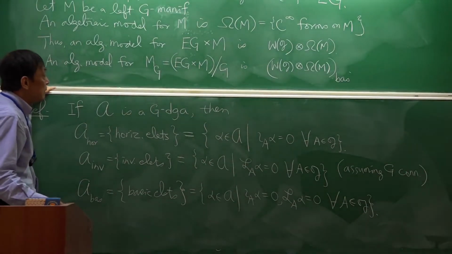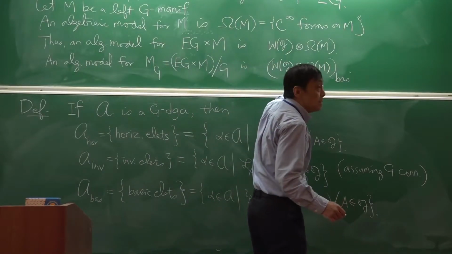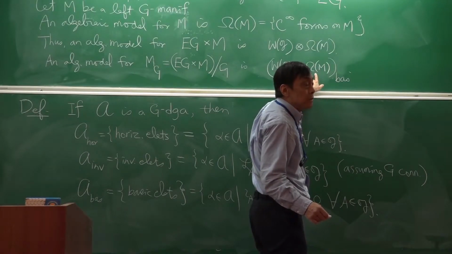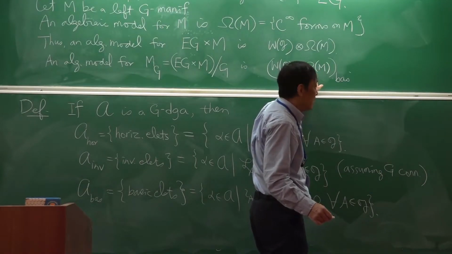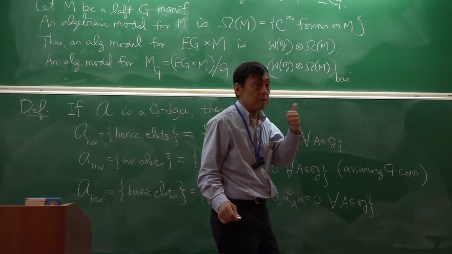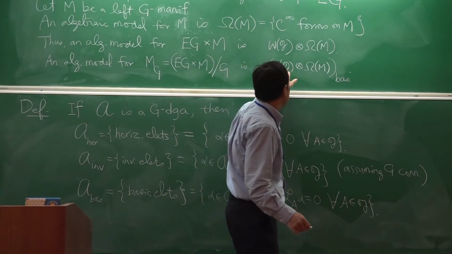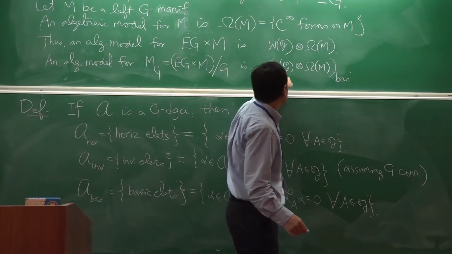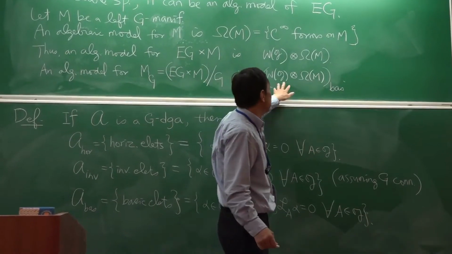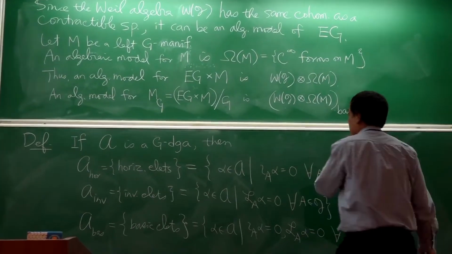Okay. So now, both the Weil algebra and the de Rham complex are G differential graded algebras. So they have those three operators, d, interior multiplication, and the Lie derivative. Each one of them has the three operators, and then you can extend it to the tensor product. Right?